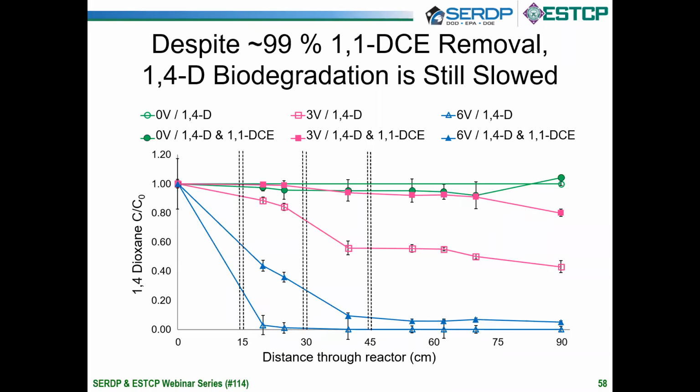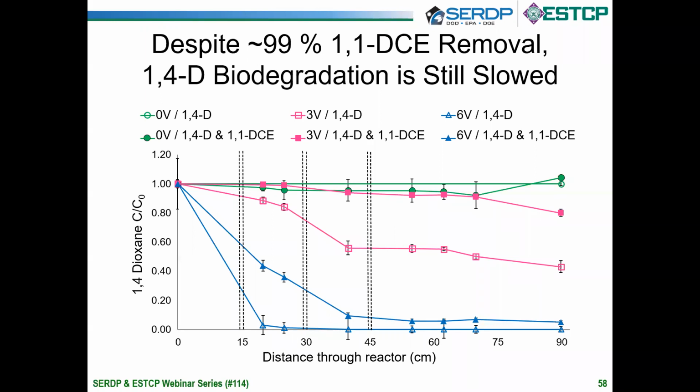And in the presence of 1,1-DCE, we do have a significant inhibition. So that's the difference between the two magenta colored lines here. So even though DCE was removed by about 80 to 90%, we still get a lot of inhibition here from 1,1-DCE.